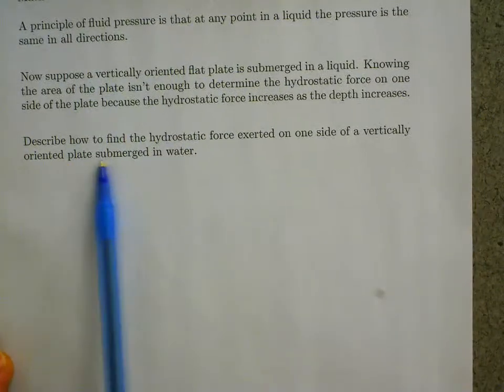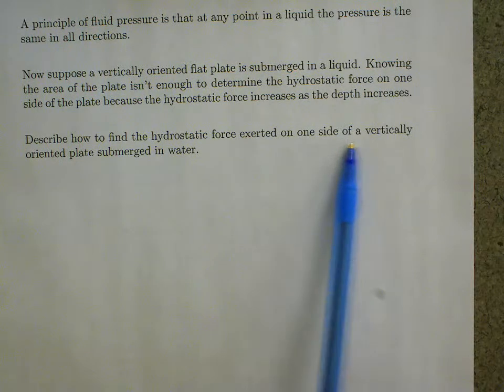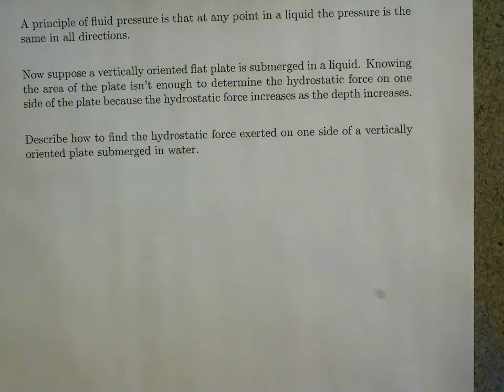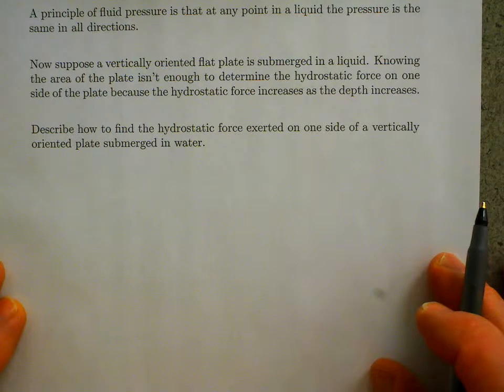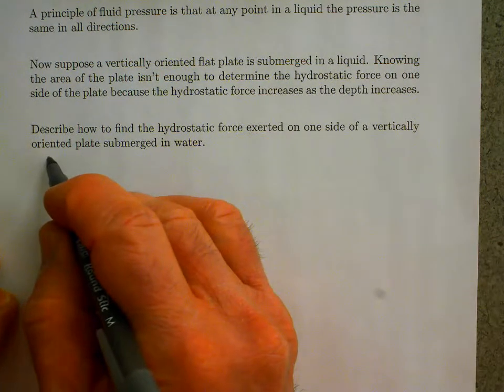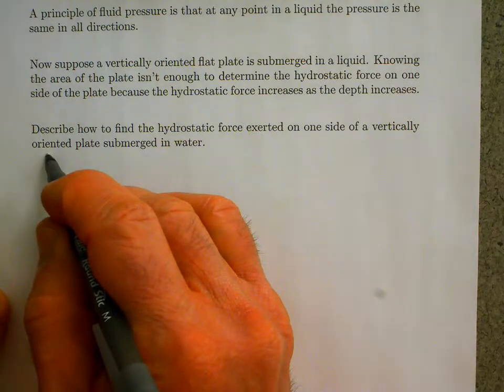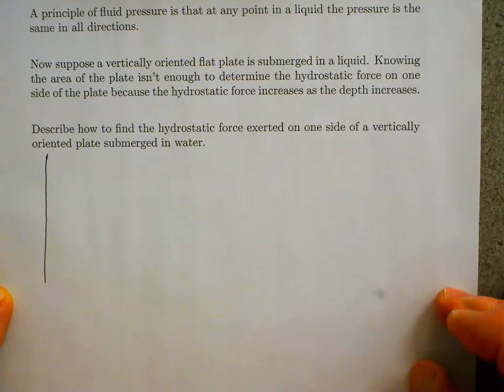So I will attempt to describe how to find the hydrostatic force exerted on one side of a vertically oriented plate submerged in water. Okay, there's more than one way to go about it, but I'm going to use the XY plane rotated 90 degrees clockwise.